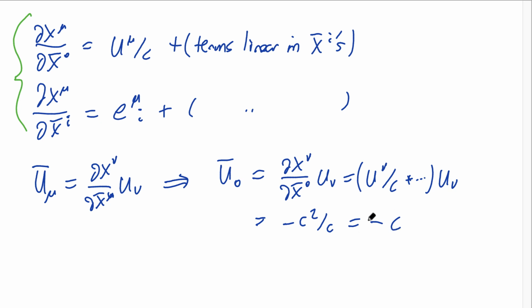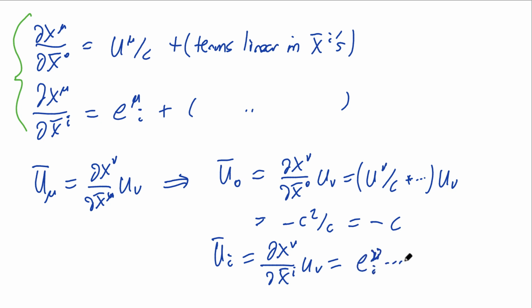So u bar sub 0 is minus c, and likewise the spatial Fermi normal coordinate components of the forward velocity are just partial x^nu with respect to x bar i u_nu. That's e^nu_i, and higher order terms, u_nu, but the e's are orthogonal to u, and the higher order terms vanish because we're setting x bar i equal to 0, so this is just 0.